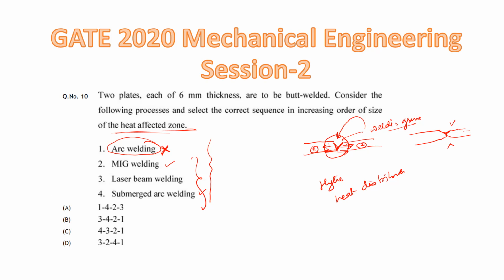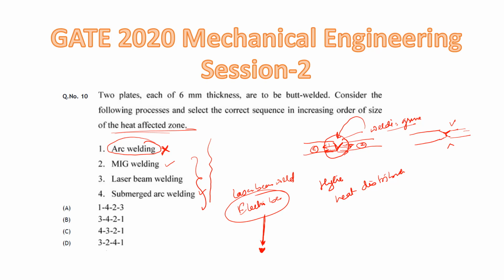So for which kind of welding the heat distribution will be lowest? We know that in laser beam welding and electron beam welding, the energy is concentrated because in the case of laser we pass a laser through a very narrow region. In the electron beam welding also we focus on a particular point. So what happens, the energy is distributed over a very thin area.